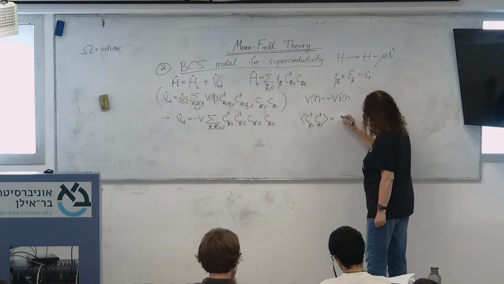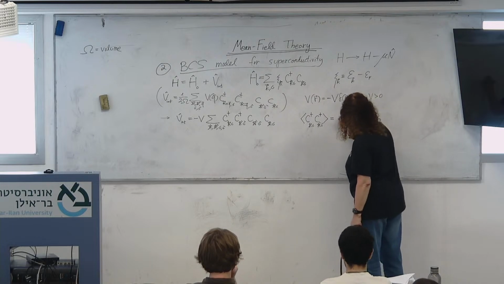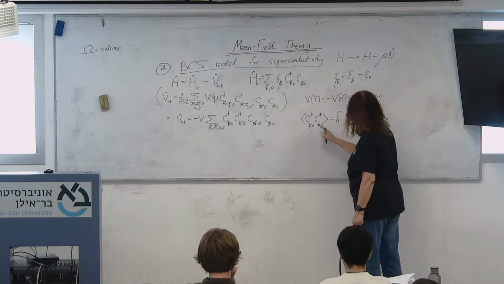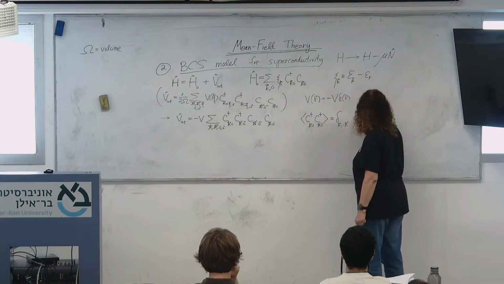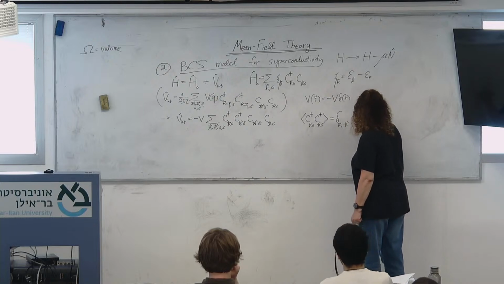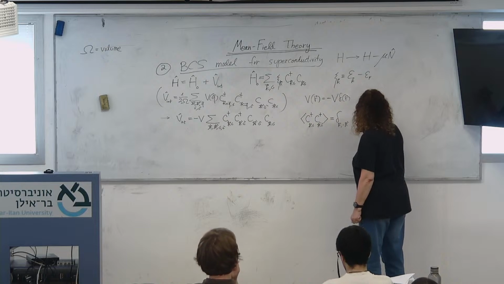Okay, so I'm making now an assumption on it. First of all, it's non-zero provided that k equals minus k prime and sigma equals minus sigma prime.